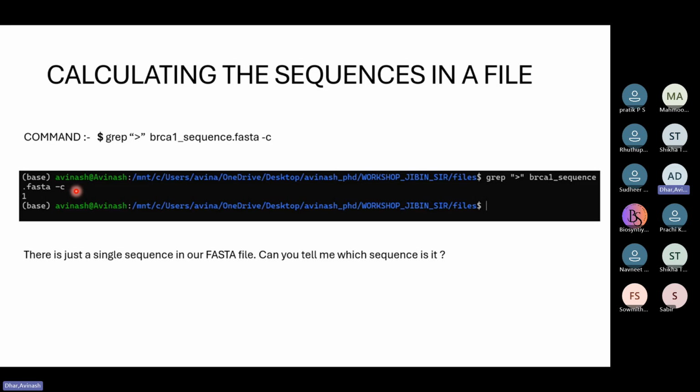And if we add -c, it gives the count. So when I add -c after grep and look for the number of greater than symbols in my file, that gives me the number of sequences. You can try it when we do a quick practical. If you count the number of occurrences of the greater than symbol in your file, that is the number of sequences in the FASTA file.